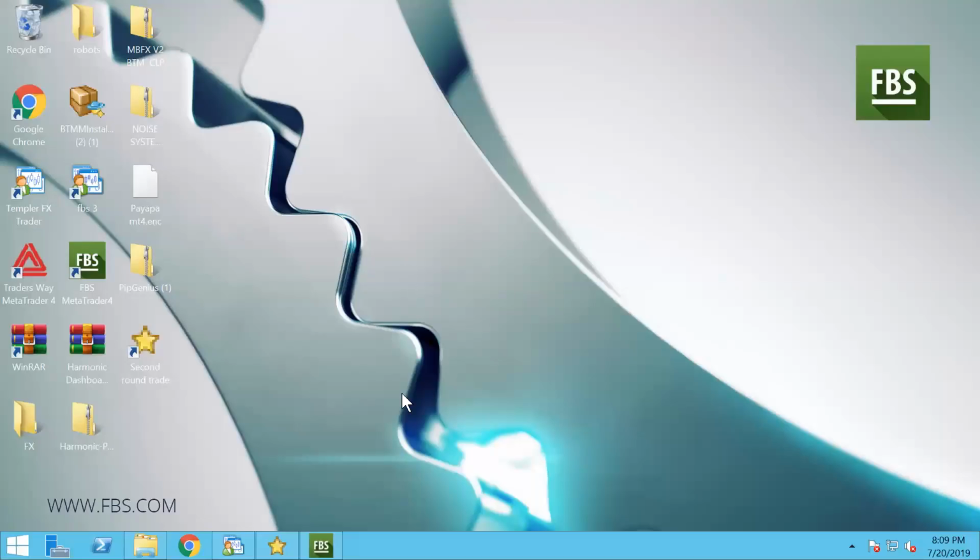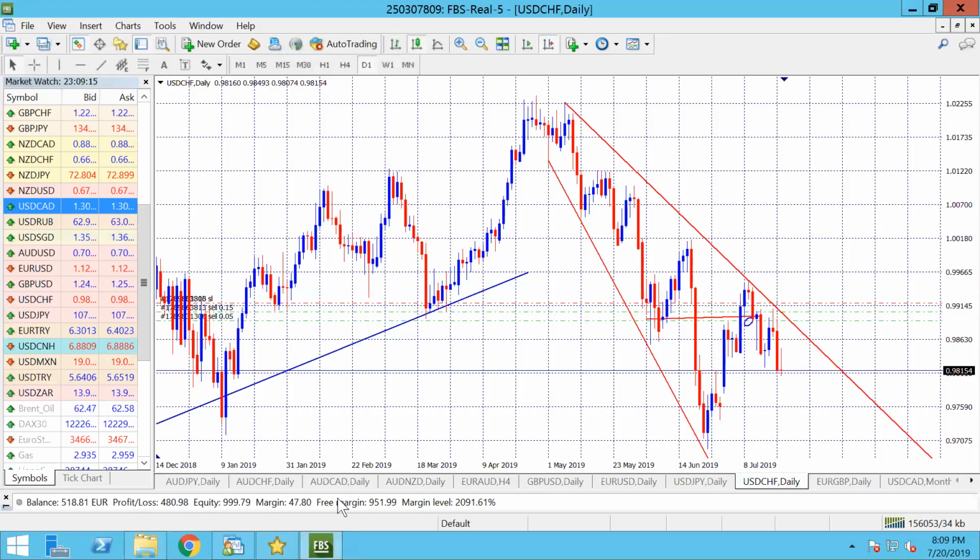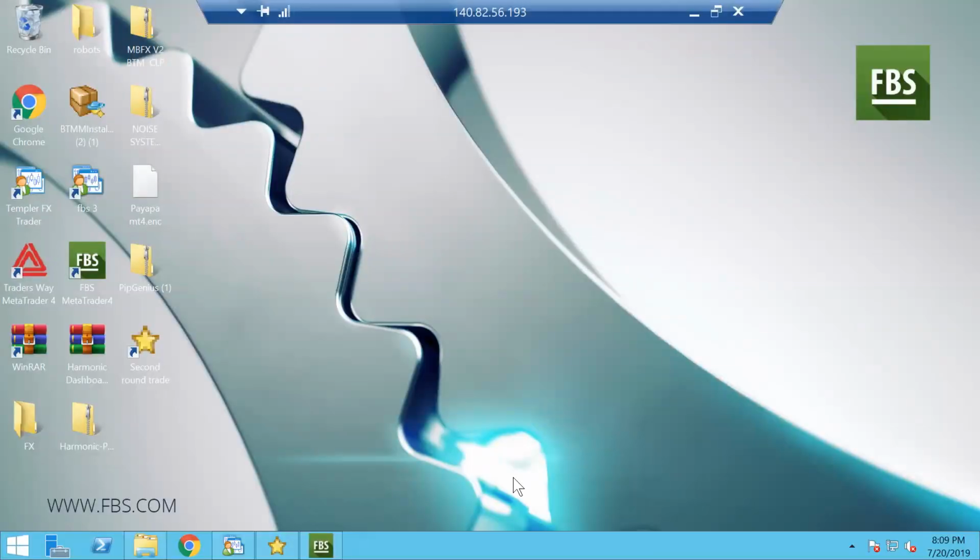So it's better we start from just an open chart, then we move from there. Okay, so I'm gonna analyze just two pairs, and these pairs, I actually took trades on them.